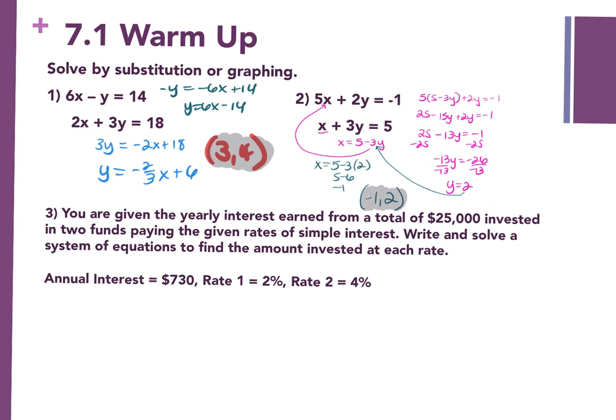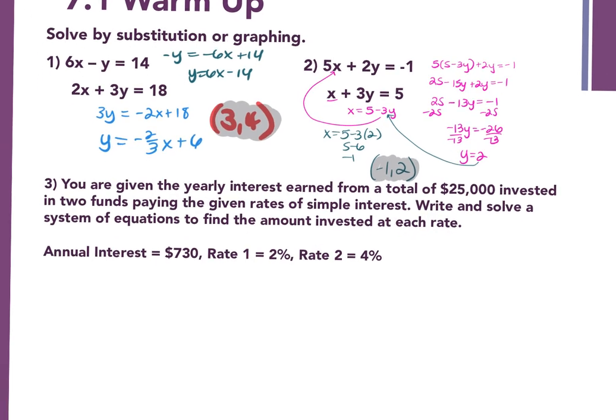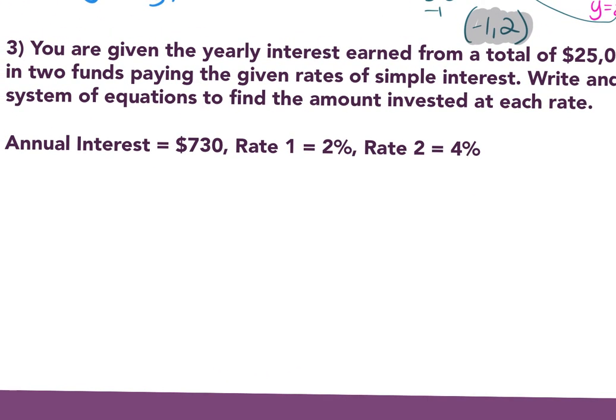All right. Number 3 says you're given the yearly interest earned from a total of $25,000 invested in 2 funds paying the given rate of simple interest, right? And solve a system of equations to find the amount invested at each rate. And you've got one rate at 2% and one rate at 4%. So if I make my x my 2% and my y my 4%, the total amount of money invested is $25,000.